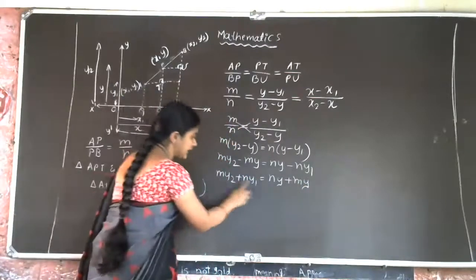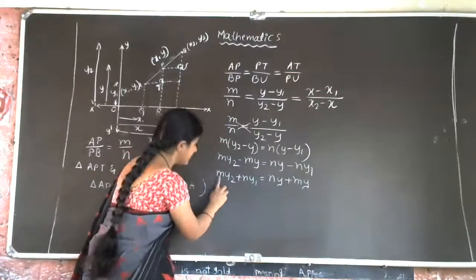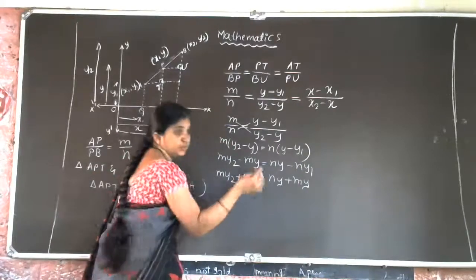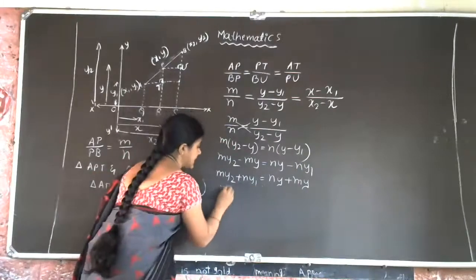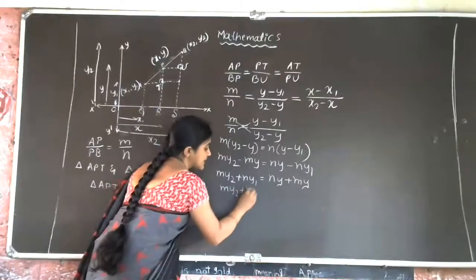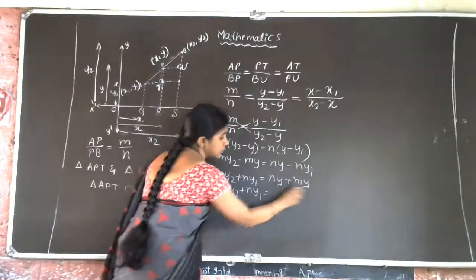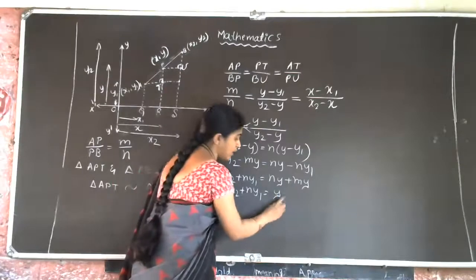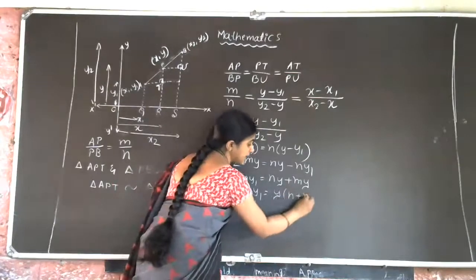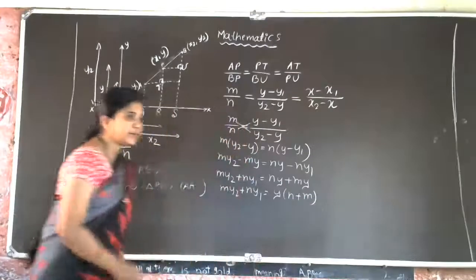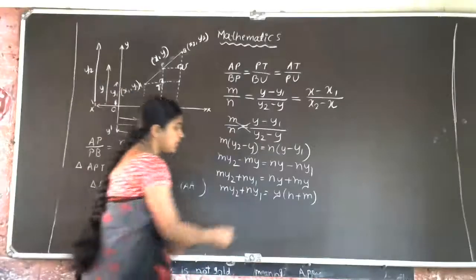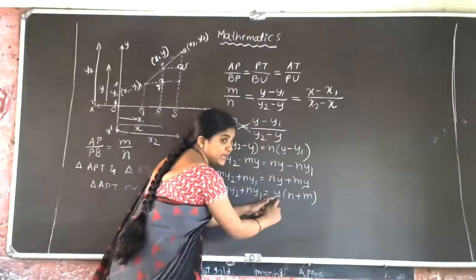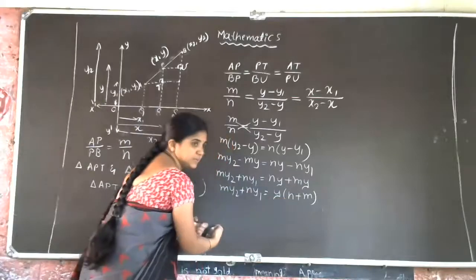Now, can we take anything common on this side? MY2 plus NY1, no, we cannot take anything common on this side. MY2 plus NY1 is equal to, here we can take Y common, that is N plus M. Got the idea, no? Now we need Y alone, so take this N plus M to this side.